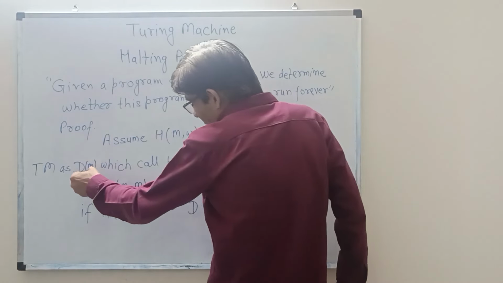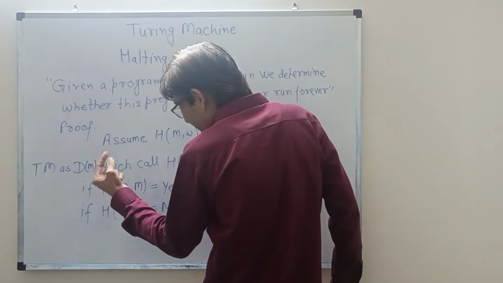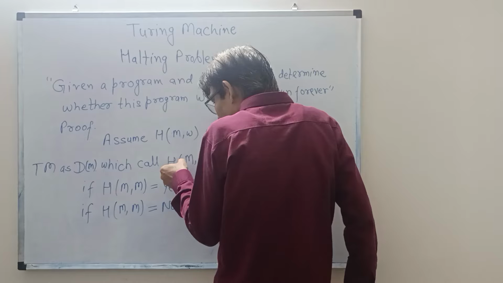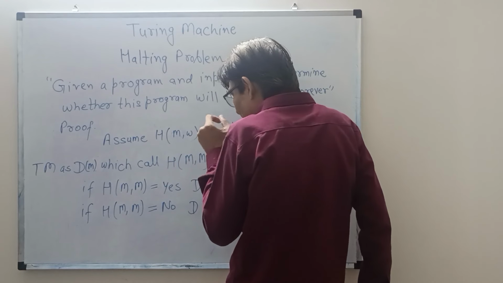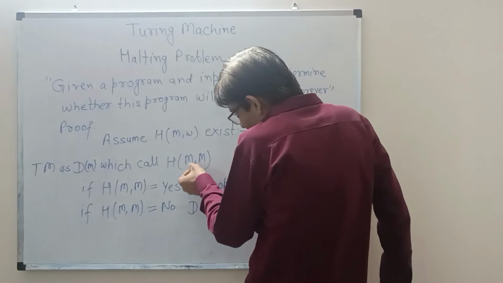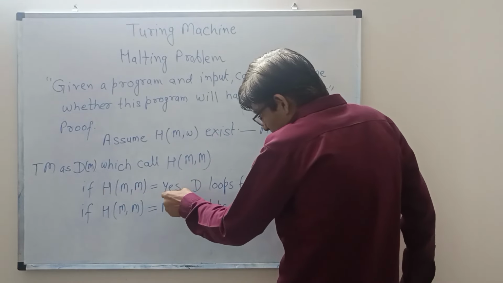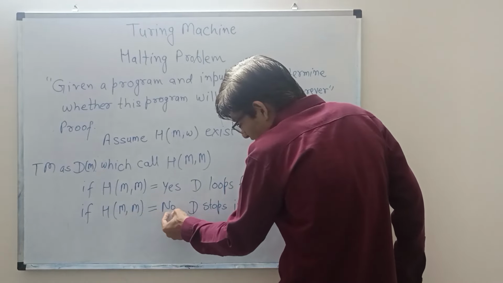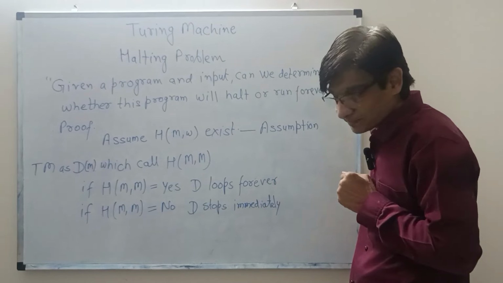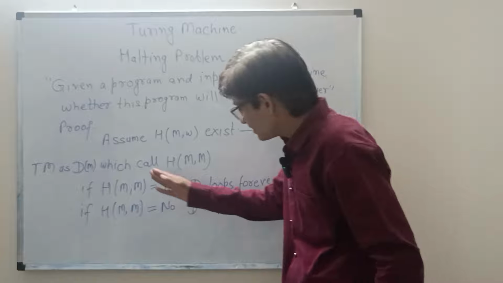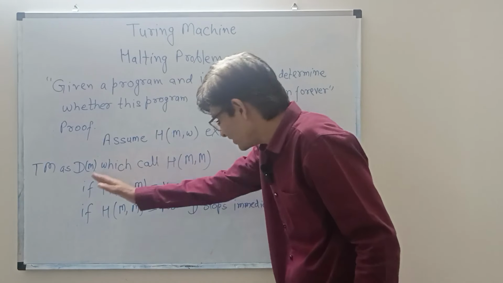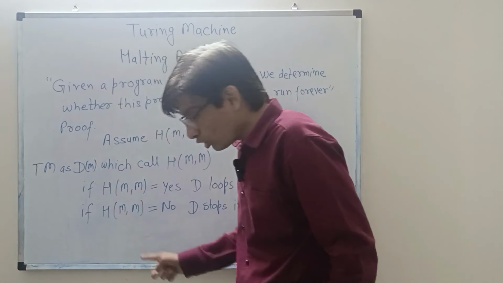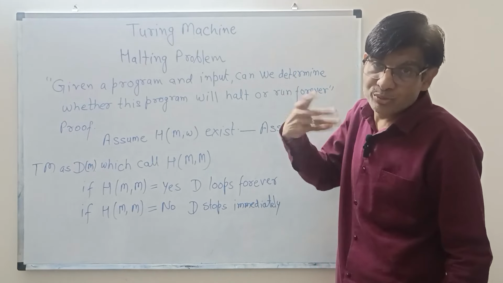So this particular Turing machine D takes input M, which internally calls halt on M with input M. If this says yes, D loops forever, and if it says no, then D stops immediately. So this we have defined.